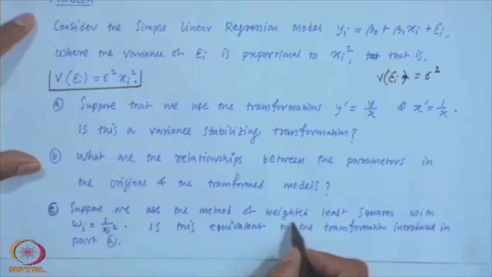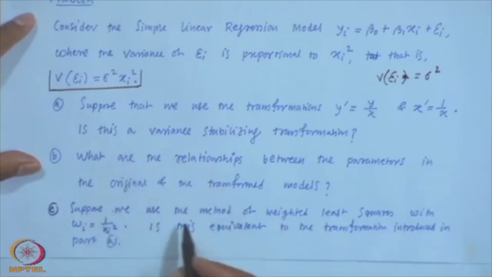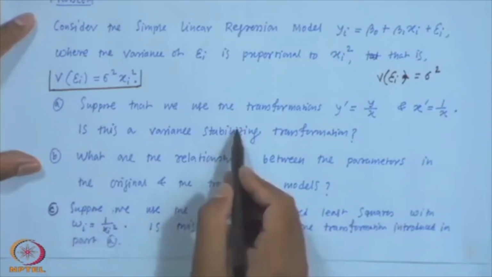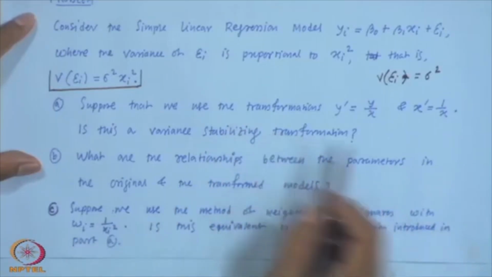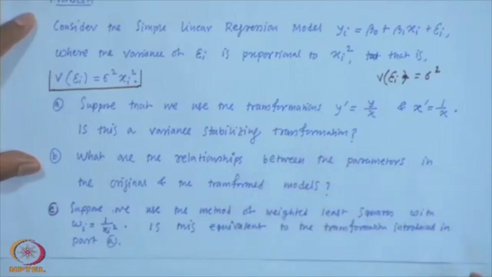Please recall what is weighted least square. Is this equivalent to the transformation introduced in part 1? I mean, is considering weighted least square with this weight the same as the transformation we considered in part 1? So, that is the question.